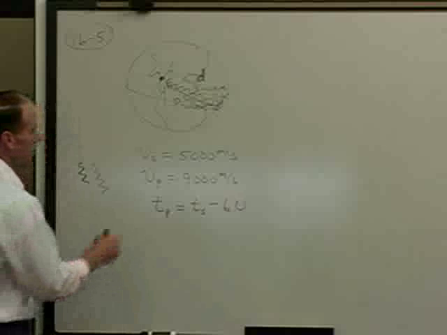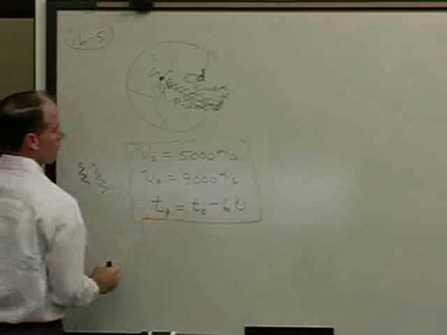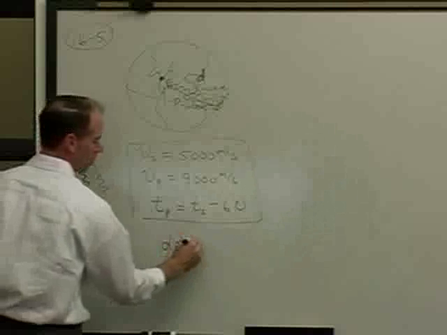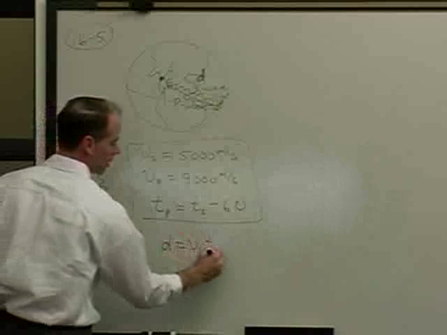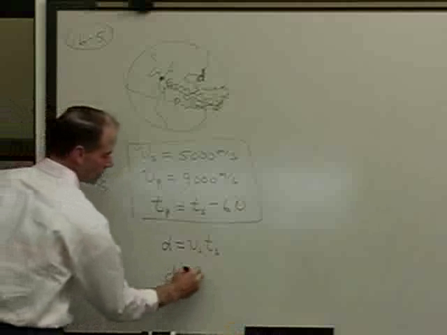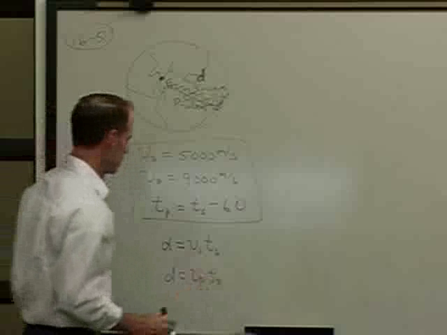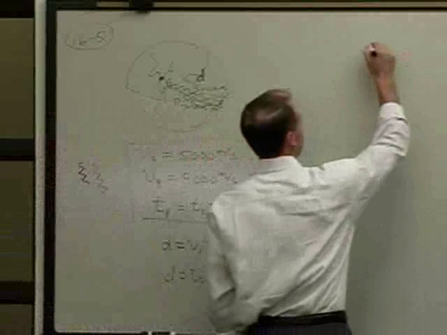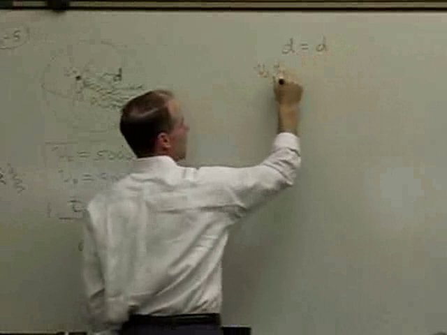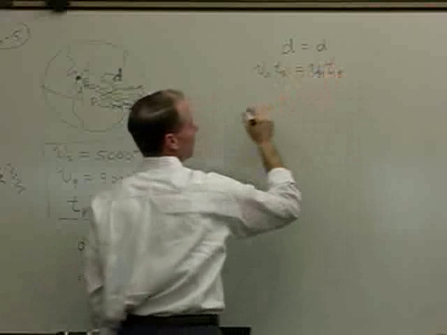Since they both travel the same distance, the distance will be the velocity of the S wave times the time for the S wave, and the distance will also equal the velocity of the P wave times the time for the P wave. So, since distance equals distance, the velocity of the S wave times the time for the S wave equals the velocity of the P wave times the time for the P wave.